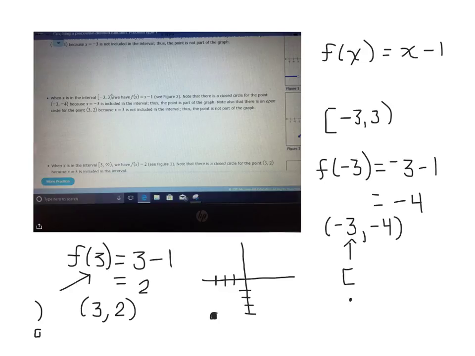Then when we substituted +3 in for x, we got y is equal to +2. That's the one with an open circle, because +3 is not actually a part of the interval values of x because of the parentheses there. So this function in between -3 and +3 would look like that.